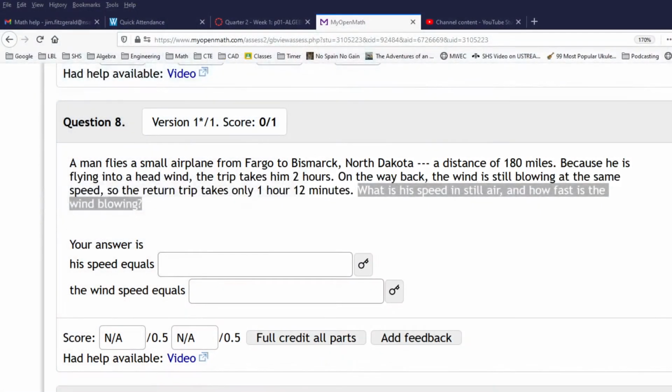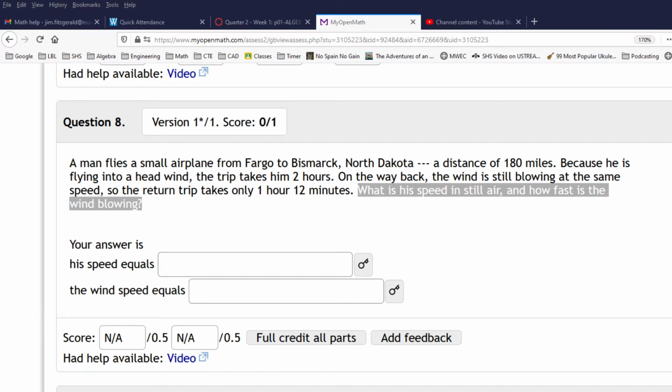All right, so let's look at what happens here. So we know to calculate how far he's going to go, right? We know that the distance that he's flying is 180 miles.